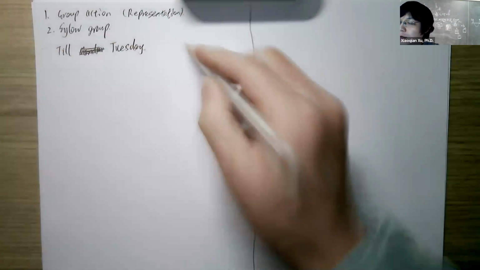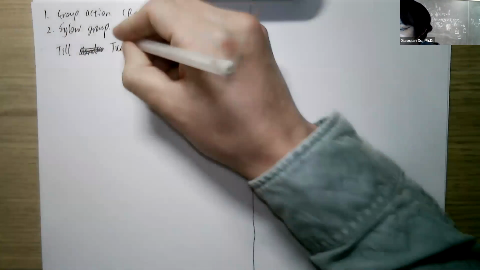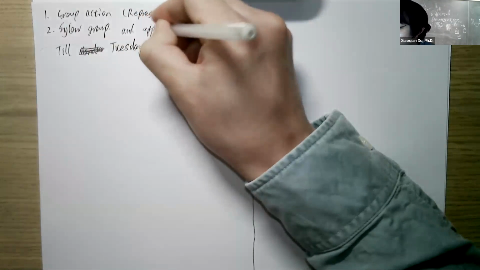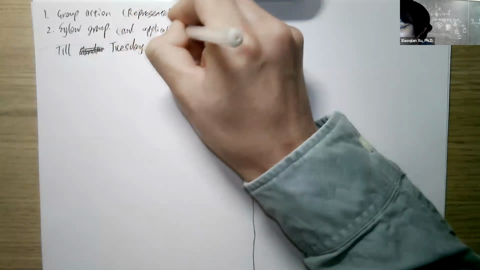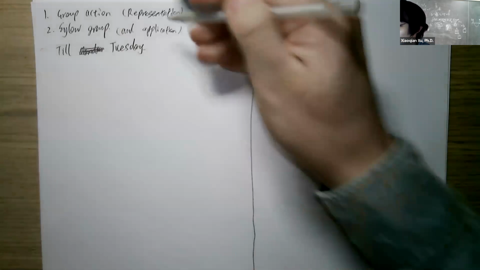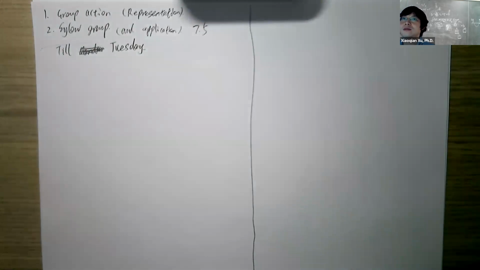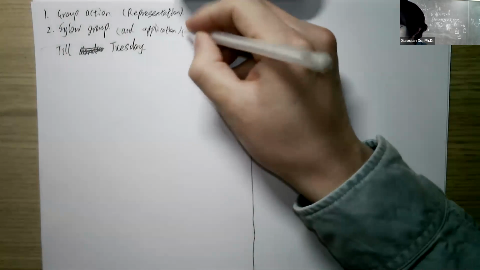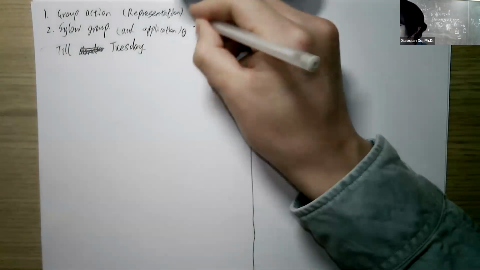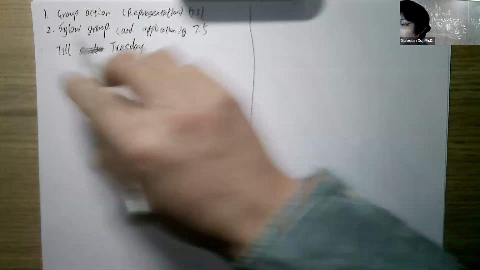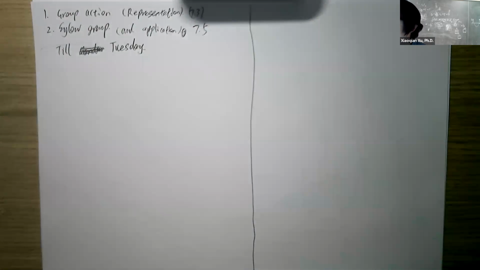So what we are going to test for your final would be everything until Sylow group theory and application. Okay, which I think in our textbook is section 7.5 something, with maybe a little bit about the Bernstein theorem on 7.3, and also the group action, which is on 7.1.